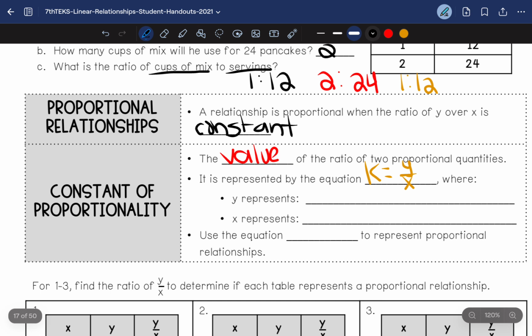The mathematician that invented this was German, and a lot of times in the German language they use k when we use c, so that's where the k comes from. All right, y represents your dependent variable. Y'all already know that though, so this is nothing new.